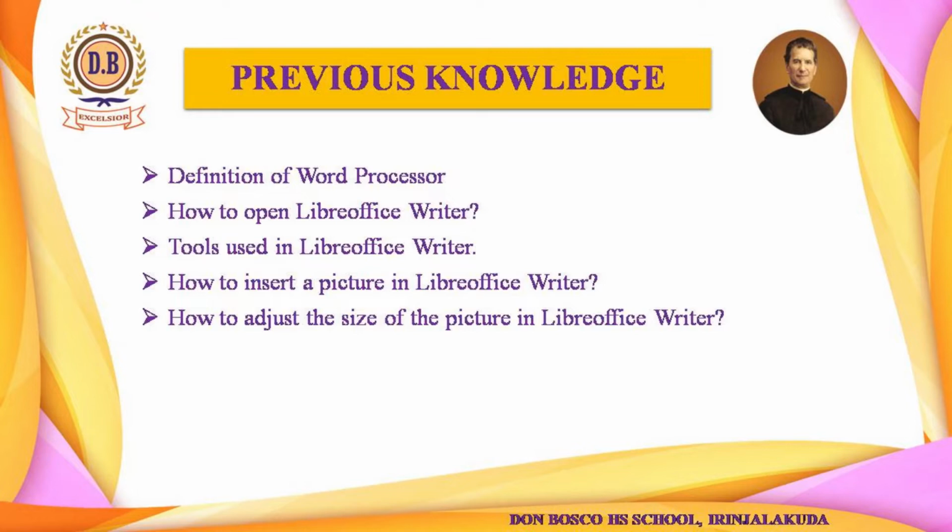We discussed what a word processor is, examples of word processors, and formatting tools used in LibreOffice Writer like bold, italics, alignment tools, etc. And we studied how to insert a picture in LibreOffice Writer, and also how we can adjust the size of the picture.